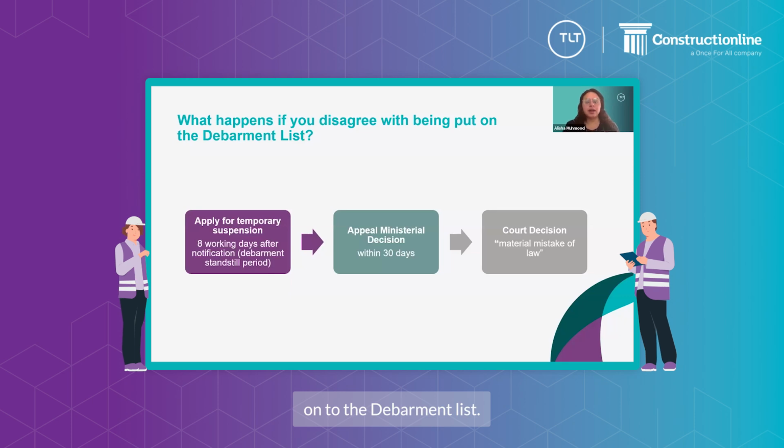the debarment list. So it's worth noting that the final aspect in terms of role for the authority is this referral, this notification to the minister. Once they've done this, it's the ministerial decision which will place the supplier onto the debarment list. The authority's role is finished in that aspect once they have notified the minister.